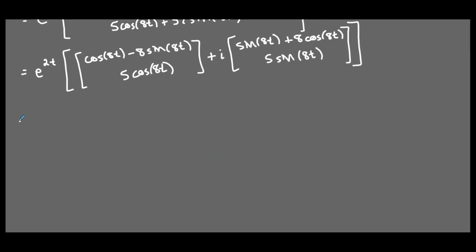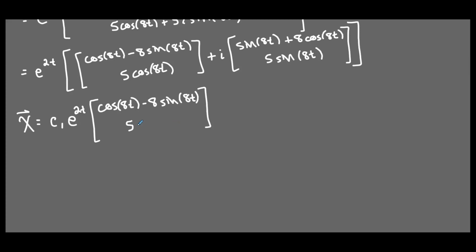So I'm going to say my solution x is C1, arbitrary constant, e to the 2t times the first vector, cosine 8t minus 8 sine 8t, and then 5 cosine 8t in the second component, and then C2 e to the 2t times the second vector.